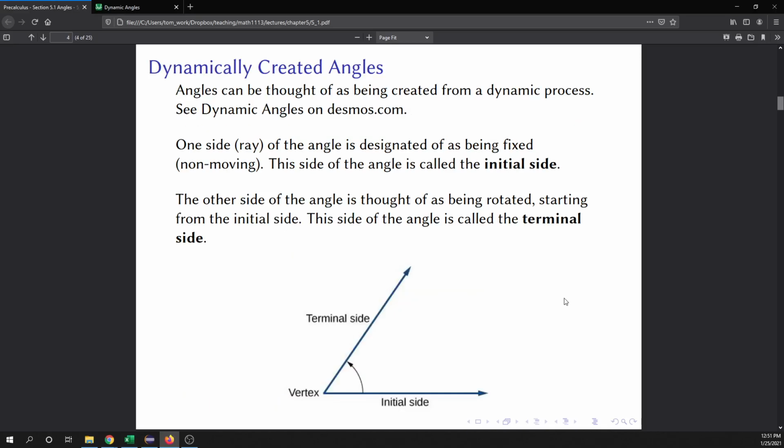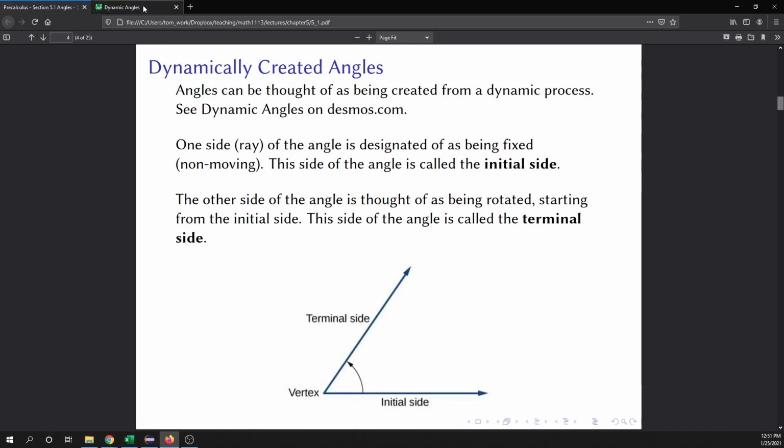In our class, it's going to be useful to think of angles as being dynamically created. Instead of a static thing like the union of two rays, we're going to think about rotating one side of the angle around the other ray. One ray we think of as moving, and the other ray that forms the angle we think of as non-moving.